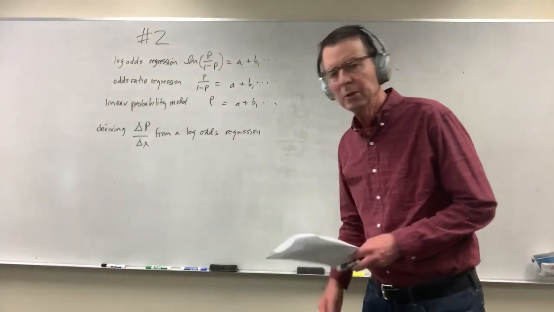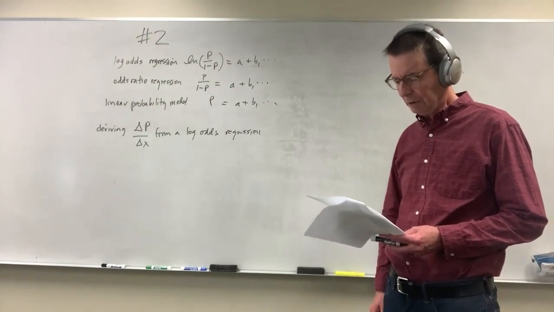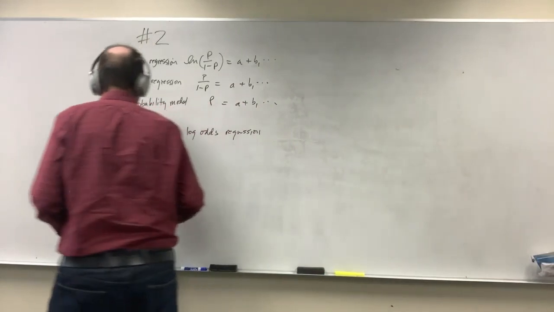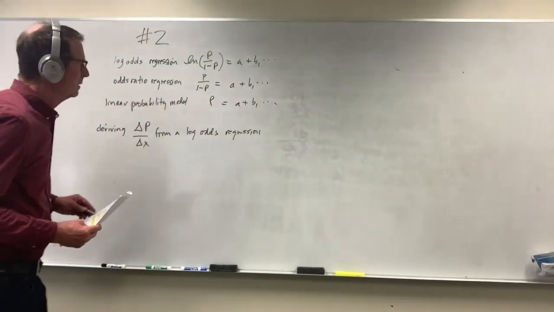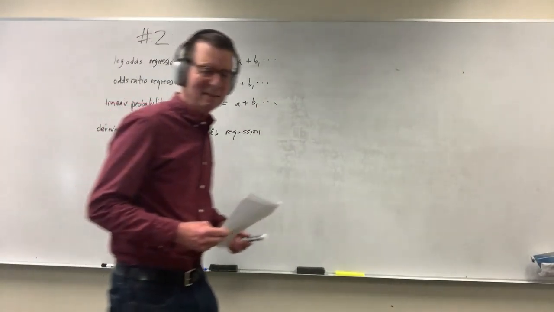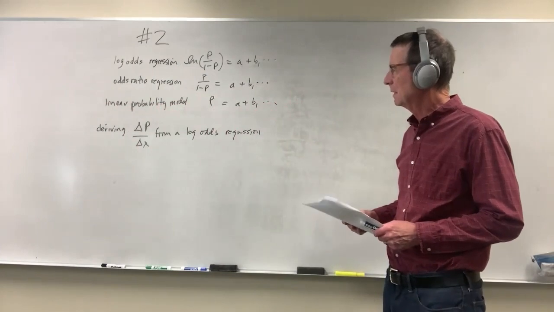All right, question number 2 on the midterm exam. This is a logistic regression question. There are several ways of getting a regression out of the dichotomous dependent variable.